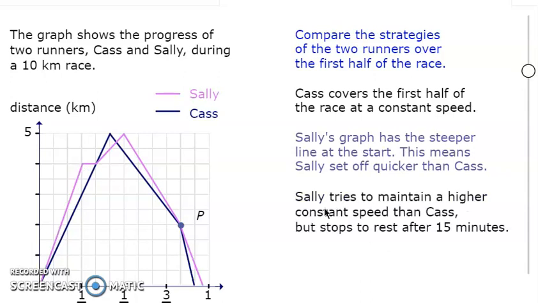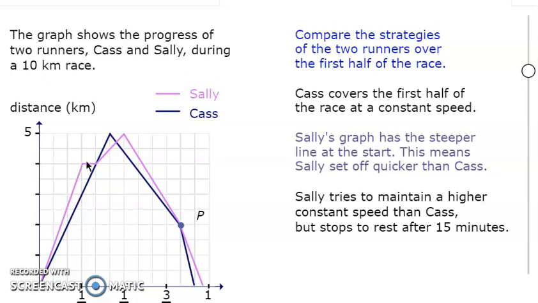Sally tries to maintain a higher constant speed than Cass, but stops to rest after 15 minutes. She is going at a higher speed than Cass because this is steeper.